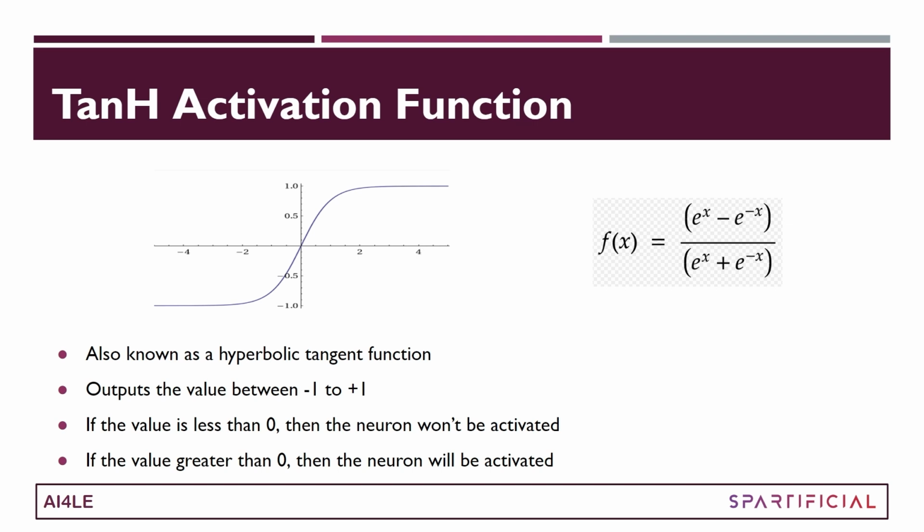So for a particular neuron, if the output of the tanh activation is less than 0, and 0 is the threshold, then that particular neuron will not be activated and therefore not fired, and because of this, all the further connections will be broken. And if the output of that neuron is greater than 0, in that case, that neuron will be fired and all the respective connections with that neuron will be activated.